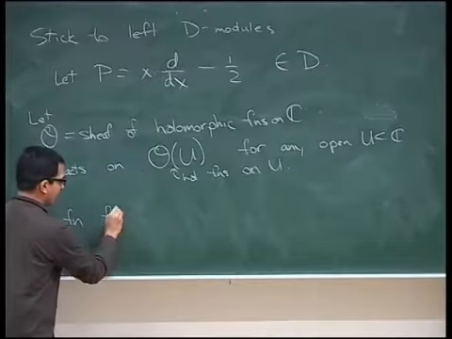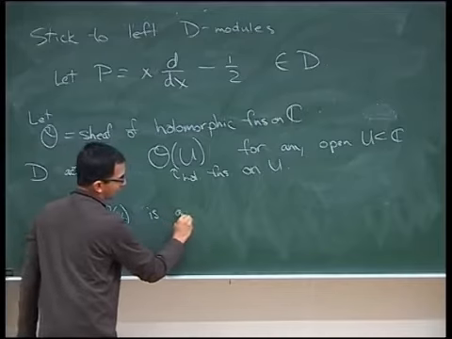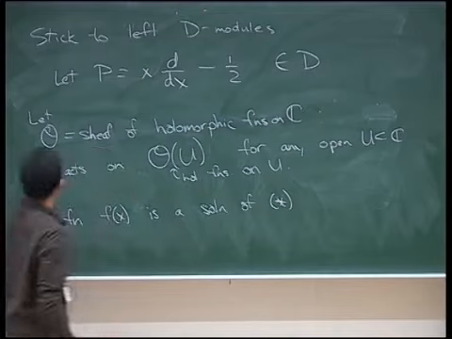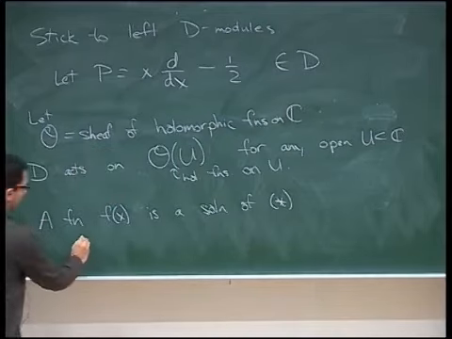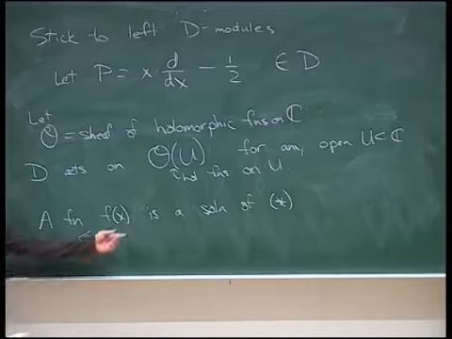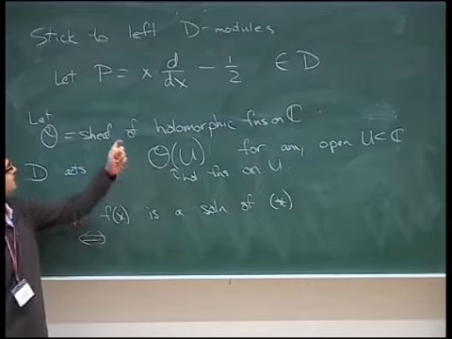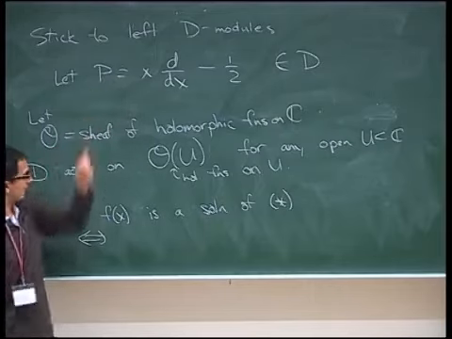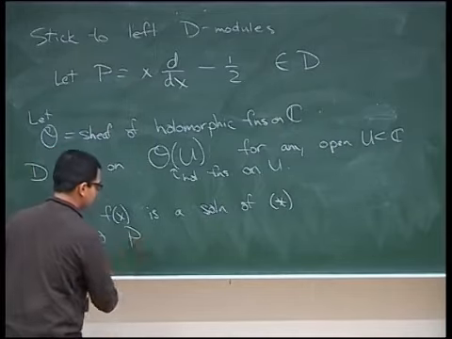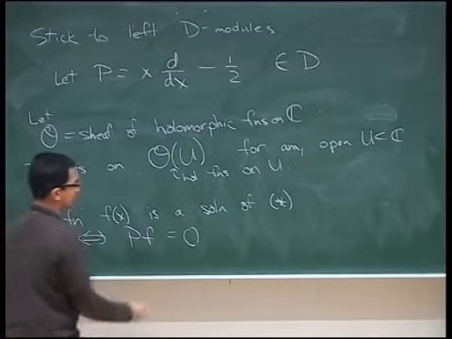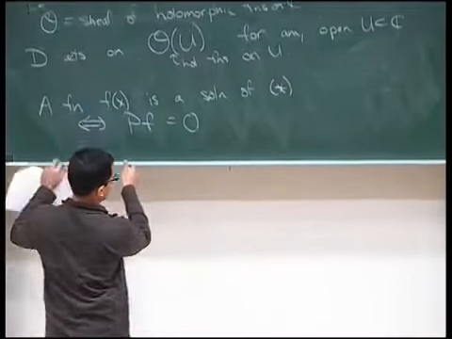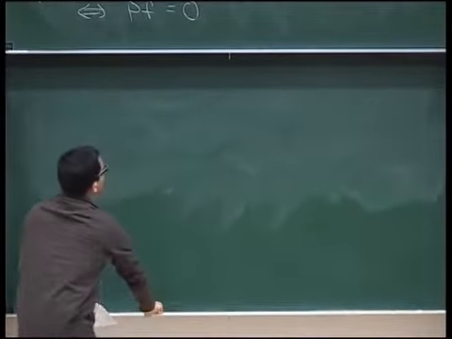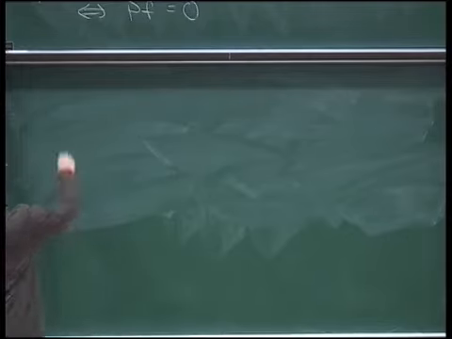So a function f of x is a solution of that differential equation if and only if f of x is an element of one of these spaces, and this ring acts on it, and in particular, this element kills f of x. So if and only if pf equals 0. Okay. So here's another way to say this.